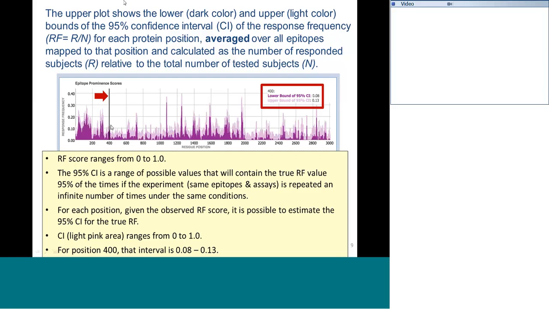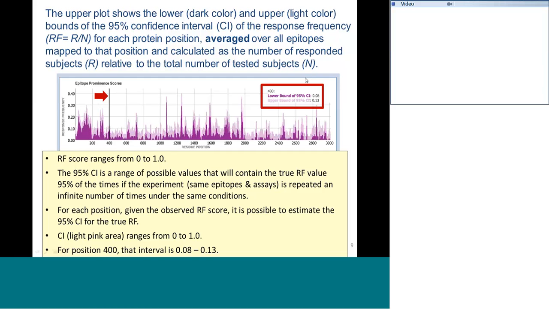For each position, those two numbers are the range where you can have the true score. It also ranges from 0 to 1, and for that specific position, that interval will be in 1.